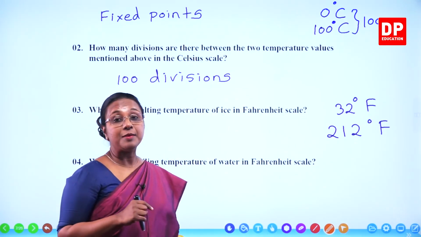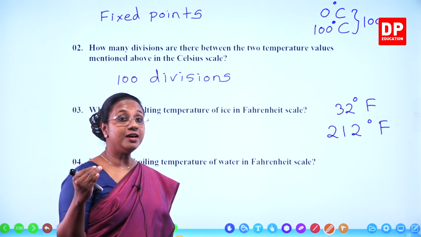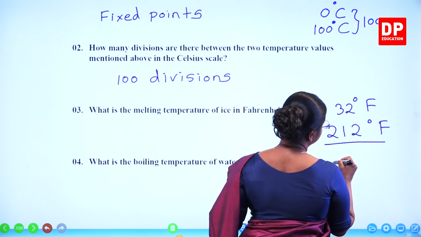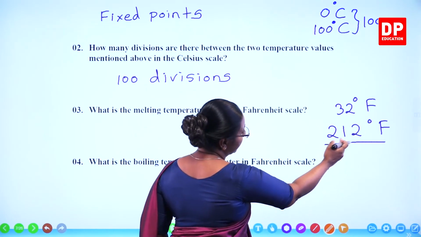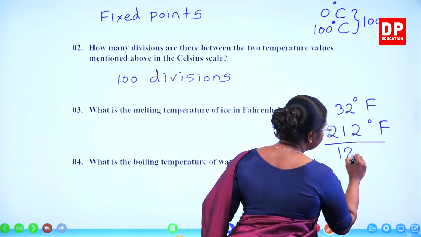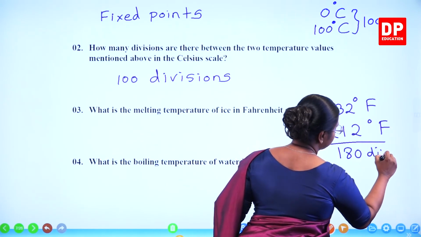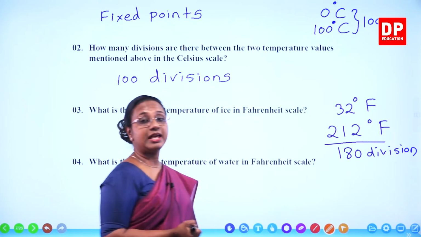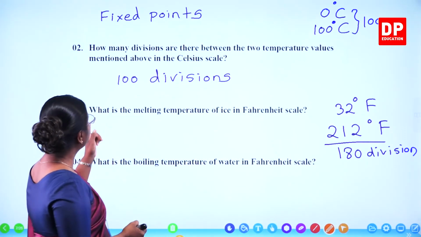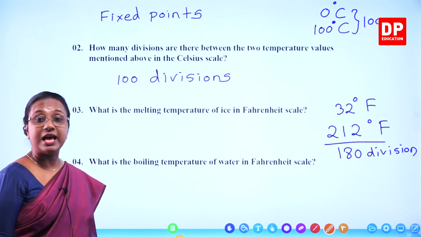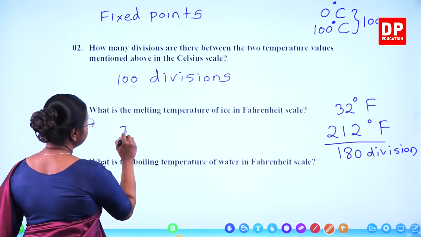So there what happens? How many divisions are there? Unlike in Celsius, if you subtract, actually it should be 212 minus 32, there are 180 divisions. So there will be 180 divisions. What is the melting temperature of ice in Fahrenheit scale? So that is 32 degrees Fahrenheit.